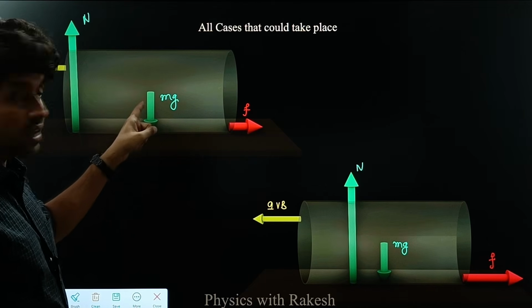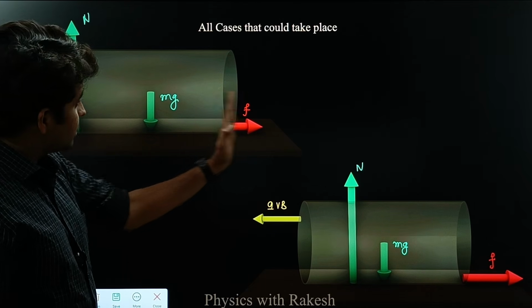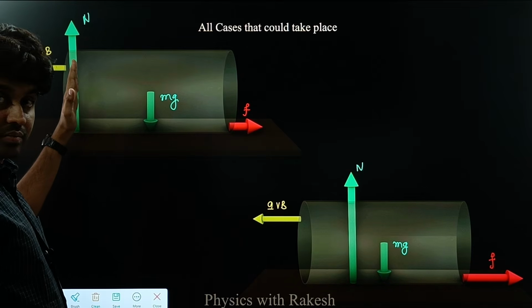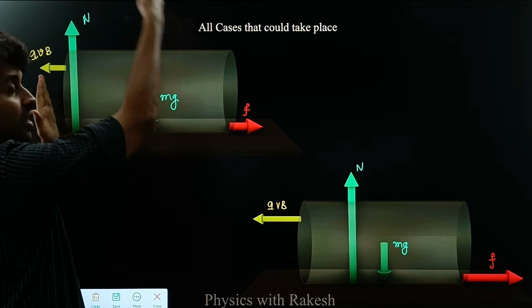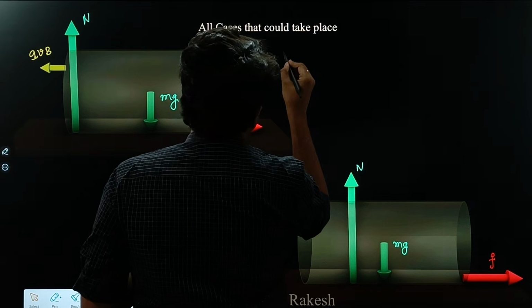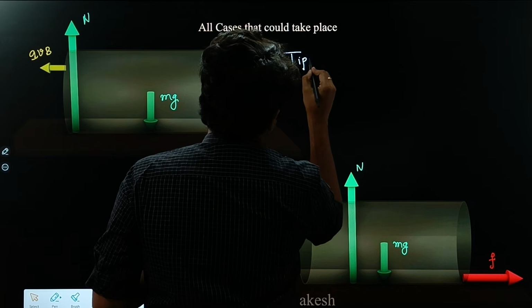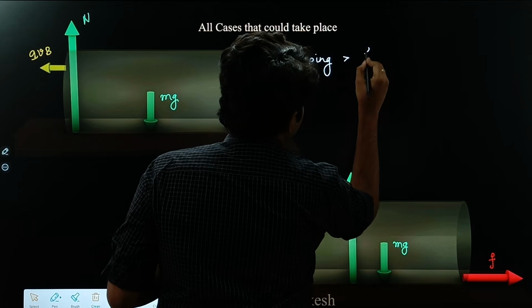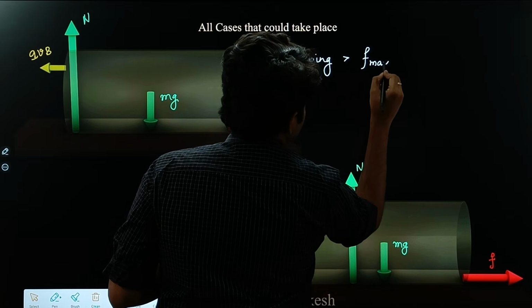So look at this diagram first. What is happening is as this is increasing, the normal goes and comes to here. If it goes any further, this whole thing will lift off like this. So the first case is that tipping is taking place before friction reaches maximum value.